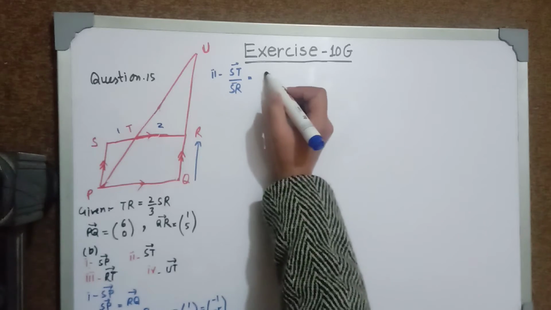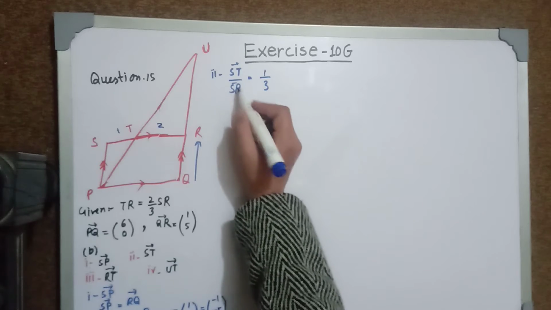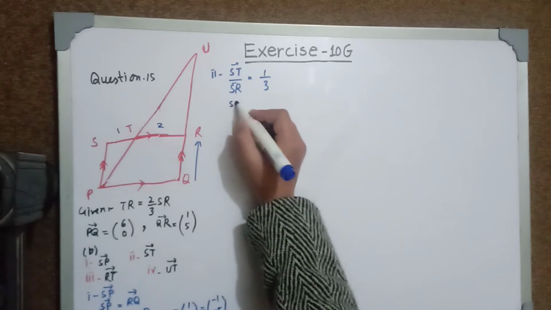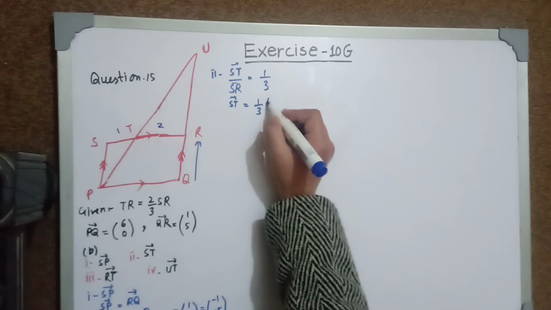So I'm going to write it here as 1/3. Now because I need to find ST, ST will be equal to 1/3 of SR.